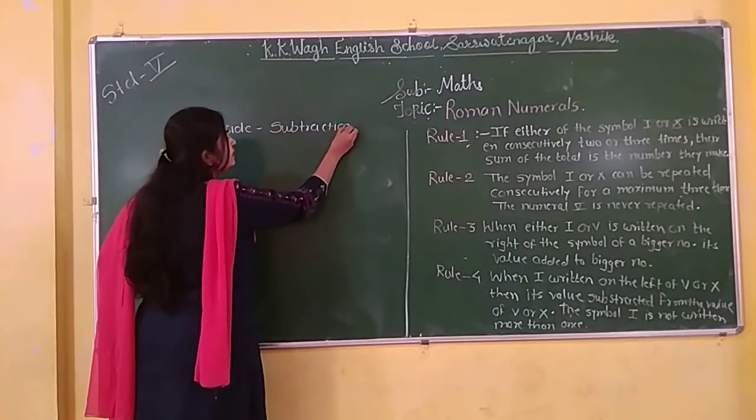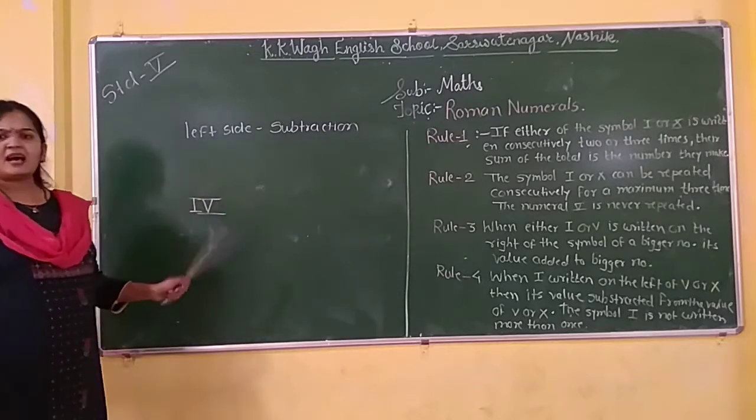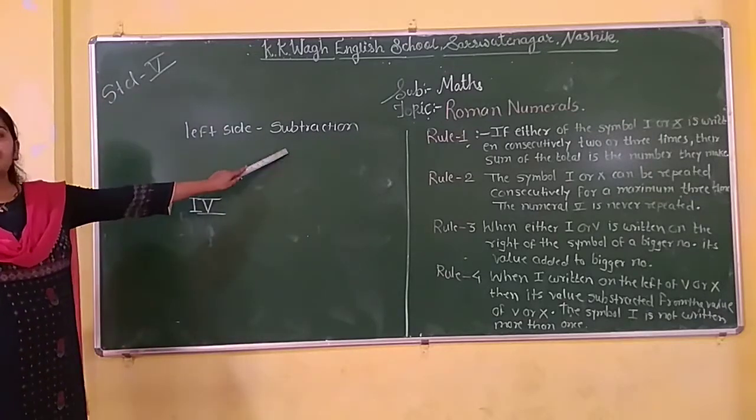If we write on the left side of any symbol like V or X, it makes the subtraction.